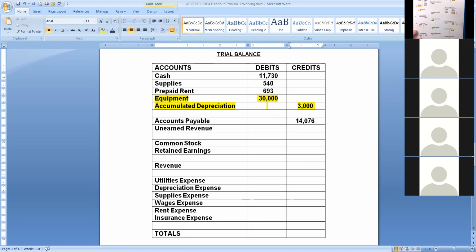Unearned revenue, 216. Common stock has 24,000. Retained earnings is 0. We weren't here around the previous year, so there's nothing to retain.